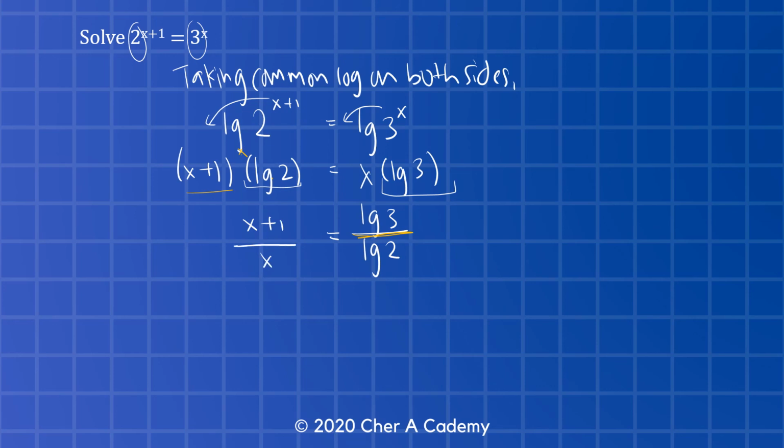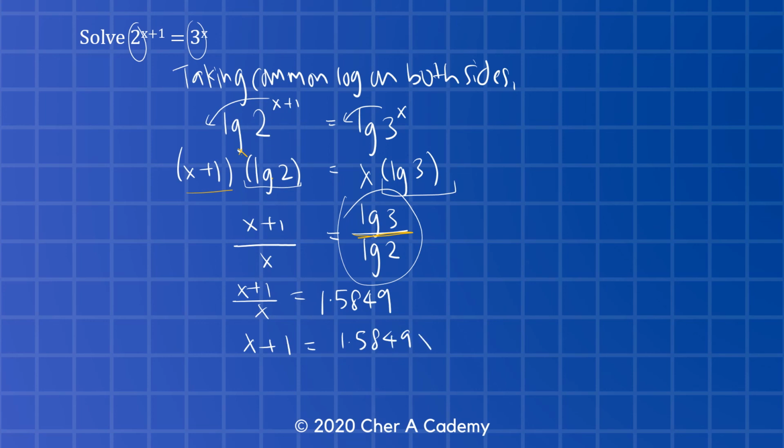Now that I have a value here on the right hand side, I'm going to key in the calculator to find out what it is. So the calculator tells me that it's 1.5849. So x plus 1 over x equals 1.5849.